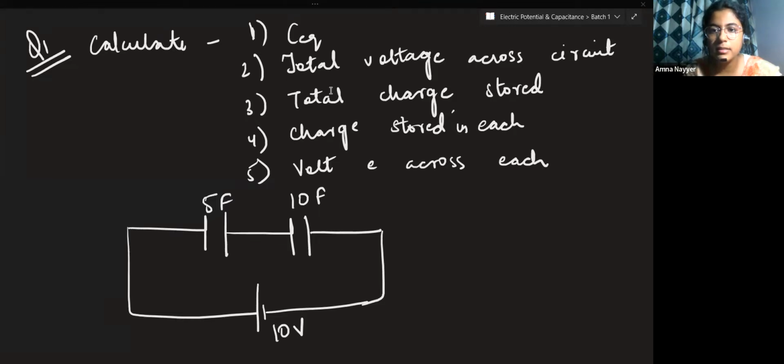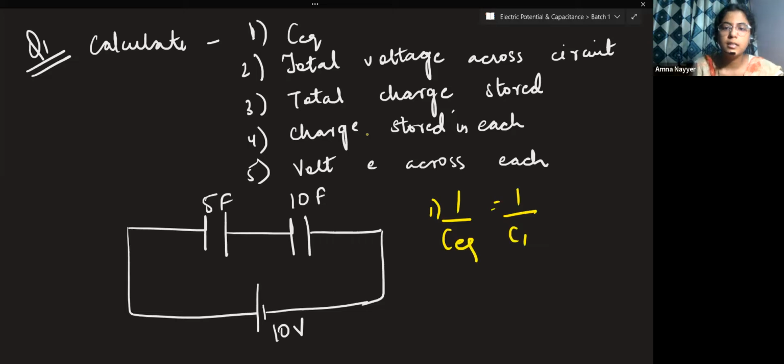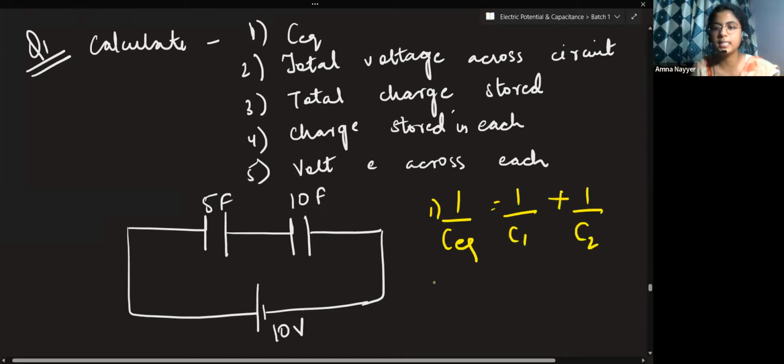Okay, let's discuss it then. For the first part, 1 by C equivalent is given by 1 by C1 plus 1 by C2. See, C1 is given as 5 farad, C2 is given as 10 farad.